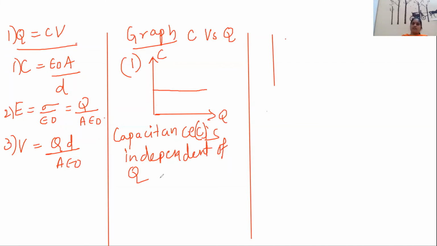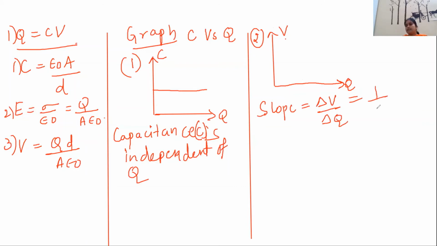Same with potential difference across it. But now we take a graph with V plotted over Q. When I take this, what is the slope of the graph? Slope is the difference of y coordinate by the difference of x coordinate. So here the slope of the graph is the reciprocal of the capacitance of a capacitor.